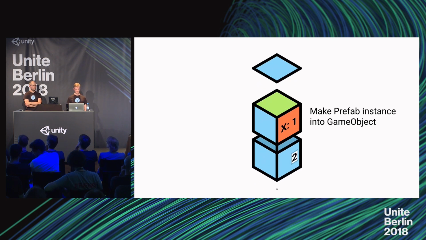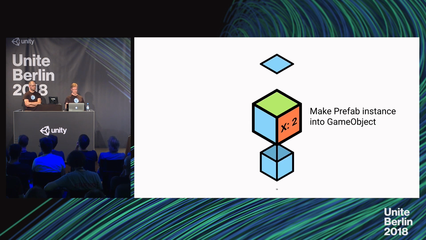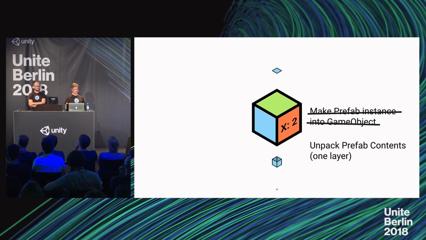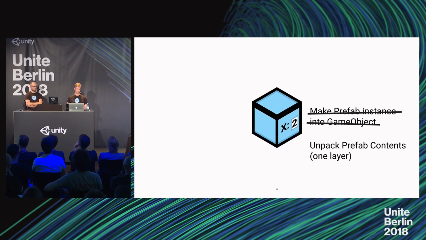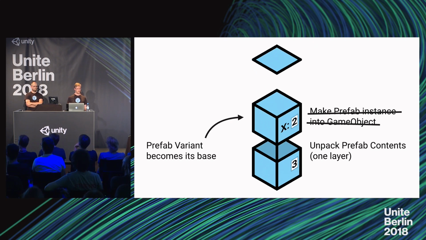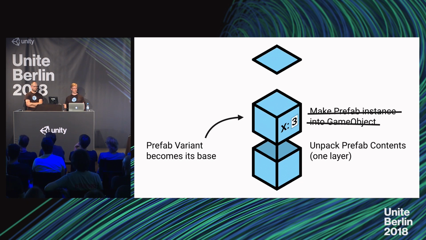Actually, it's a little bit inaccurate to say that unpacking makes the prefab instance into game objects. This is only sometimes the case. It's more correct to say that we unpack the prefab contents one layer. So for example, if we have a prefab variant instance and you unpack that, then again you get the contents of the prefab variant, which happens to be the base prefab that it inherited from.